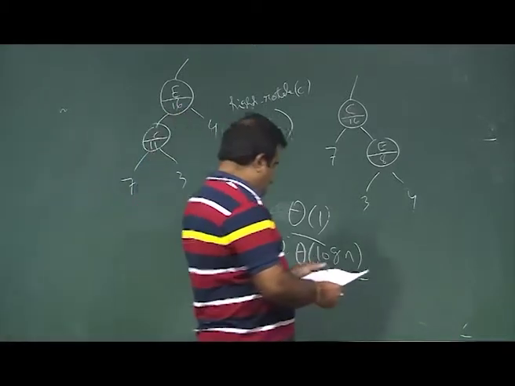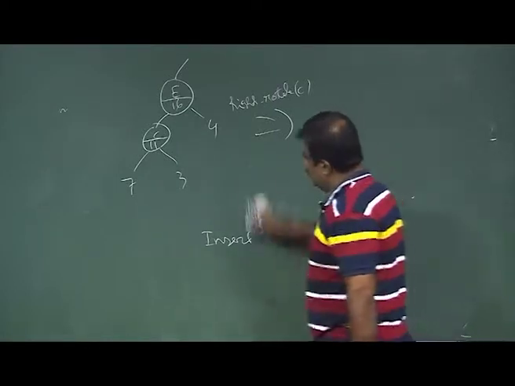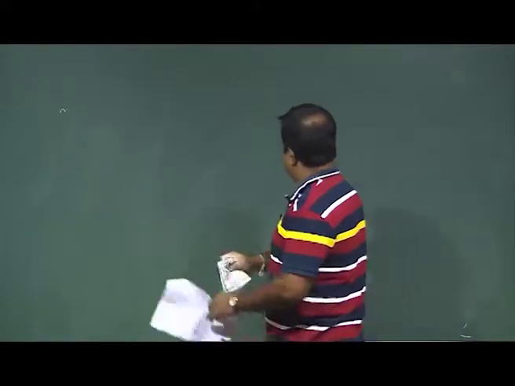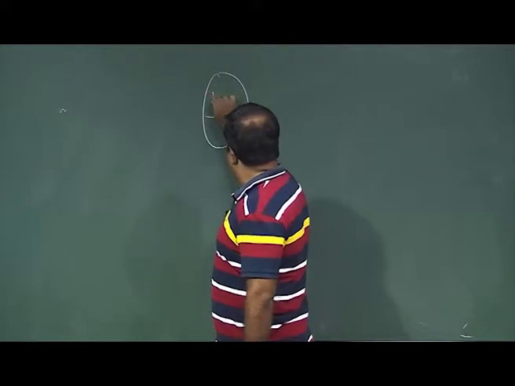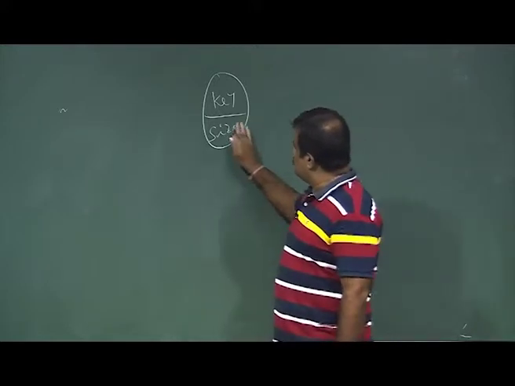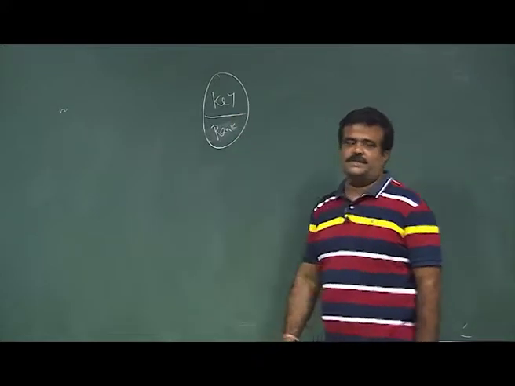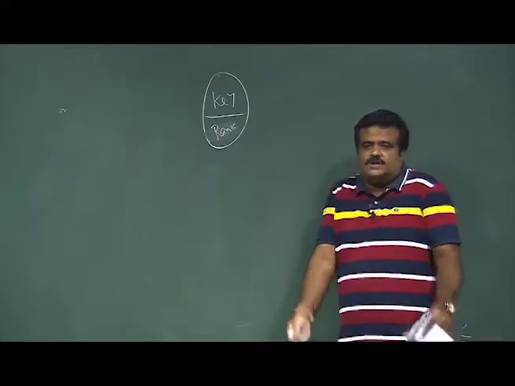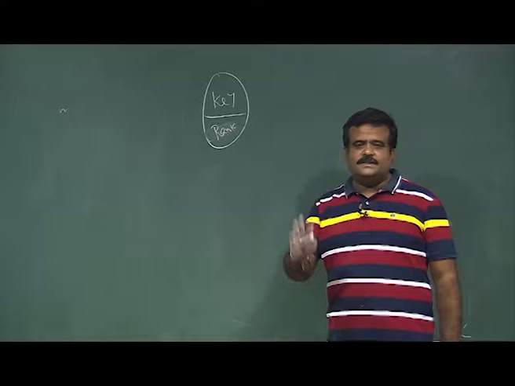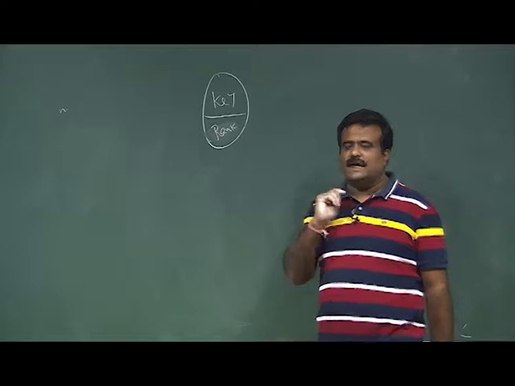Okay. So, now the question is, instead of storing the subset size, our augmentation is, we have the key value, and here we are storing the subset size. Now, if we just store the rank itself, if we do this type of augmentation, then what is the issue? If we store the rank, it looks easy to search for the ith smallest element, basically the element whose rank is i.